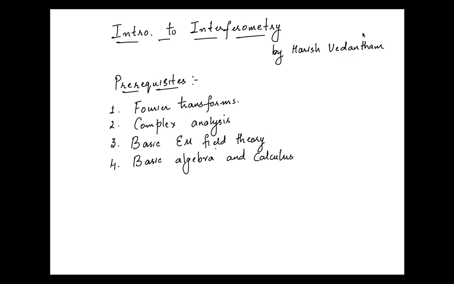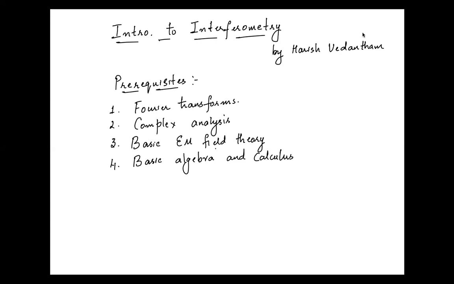So first up, I just wanted to let everyone know that the prerequisites to understand the material that's going to come in these lectures are given here. I would assume a basic idea of Fourier transforms and of complex analysis. By complex analysis, I mean just some familiarity with complex numbers, complex representation.